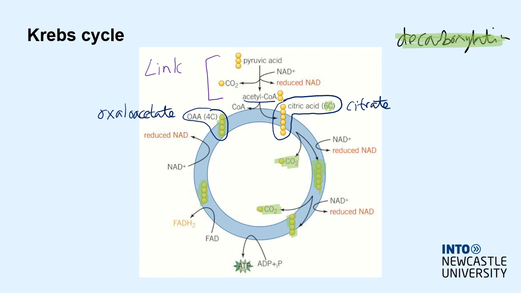So we're producing 2 molecules of carbon dioxide per acetyl-CoA that is involved. Remember, this all happens twice because you had 2 molecules of pyruvate, therefore 2 molecules of acetyl, join into the CoA to be delivered into the cycle. So decarboxylation is in green.